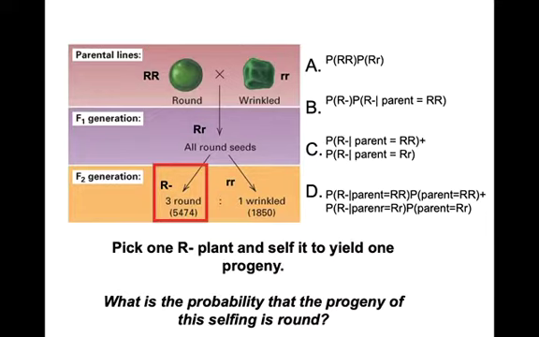And the way you would figure that out, you might want to remind yourself, is this going to be figured out with A, B, C, or D? Which one of those represents the law of total probability?